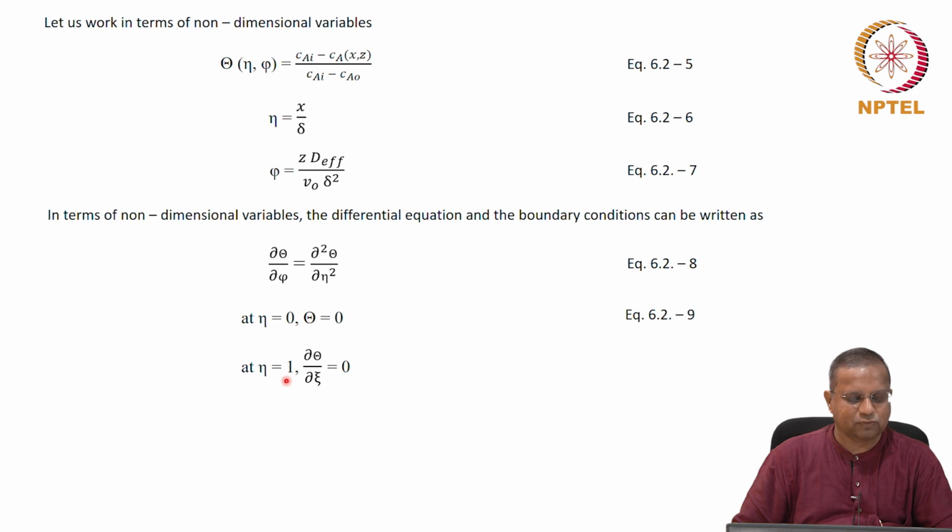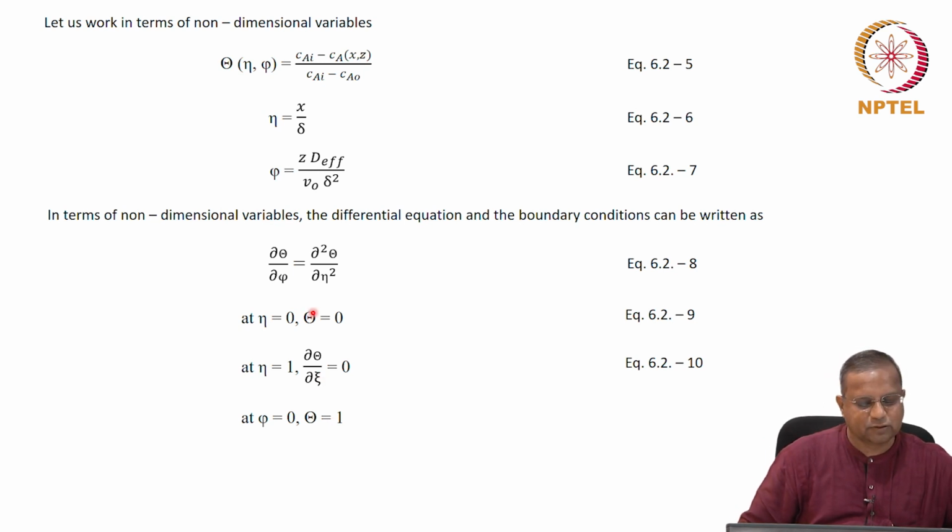At eta equals 1, dou theta by dou eta equals 0, 6.2-10, let me correct it. And at phi equals 0, theta equals 1. Okay. So let me correct it right away. This is dou theta by dou eta, there is no xi here, it's eta here. So this needs to be corrected.